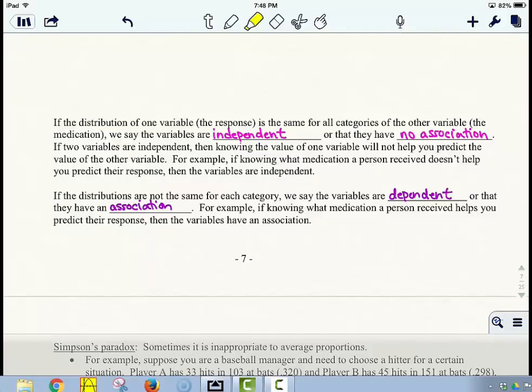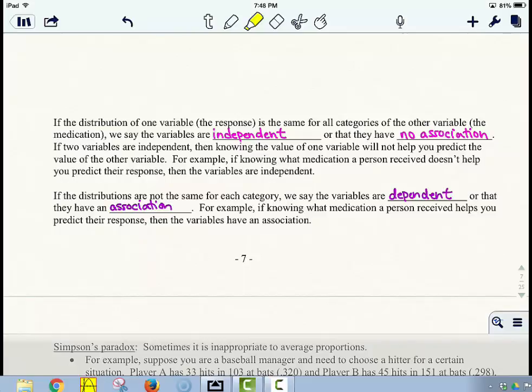For example, if knowing what medication a person received doesn't help you predict their response, then the variables are independent. So if 50% of all the subjects felt better, whether they took the placebo or Zoloft, then we'd say they were independent. Or even if 70% of all the subjects felt better, but they had the same percent, then there was no association between the drug and feeling better, so it was independent.